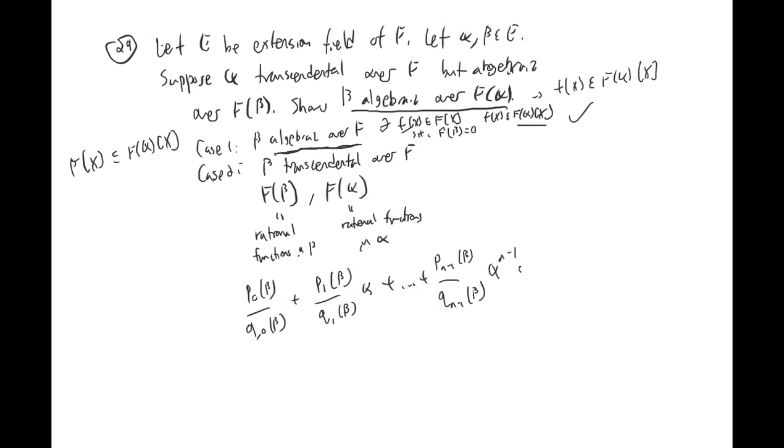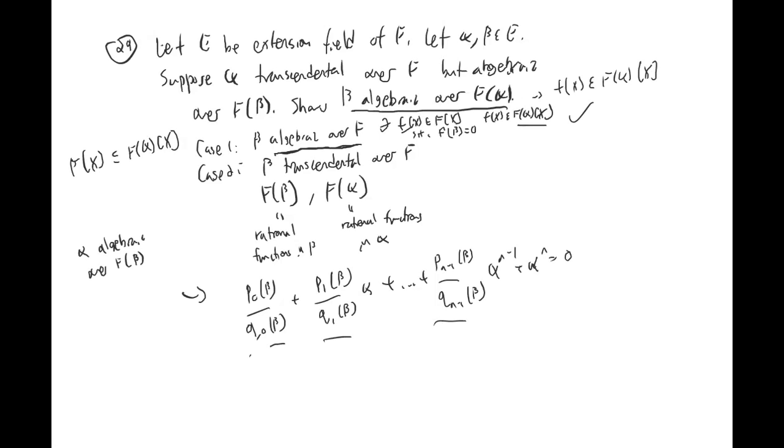Does everyone agree? This is just the definition of alpha being algebraic over F(beta). I'm writing elements of F(beta) like this because I know how they look.